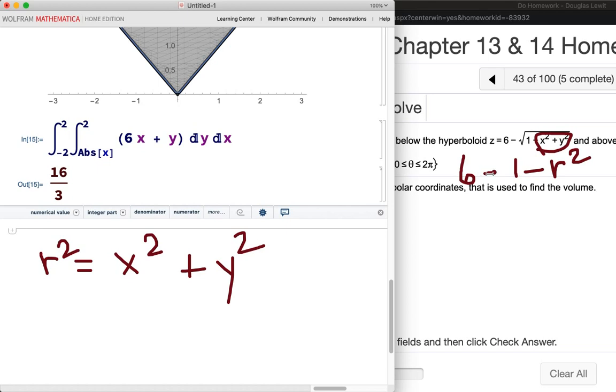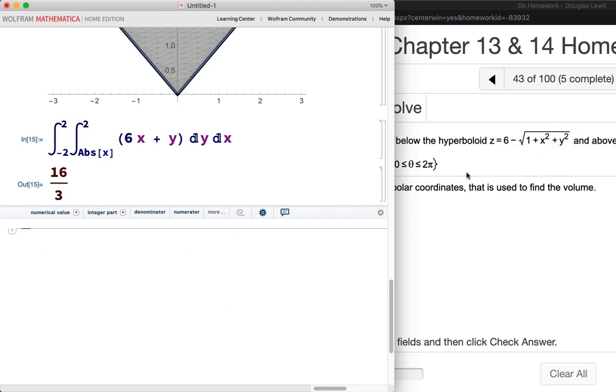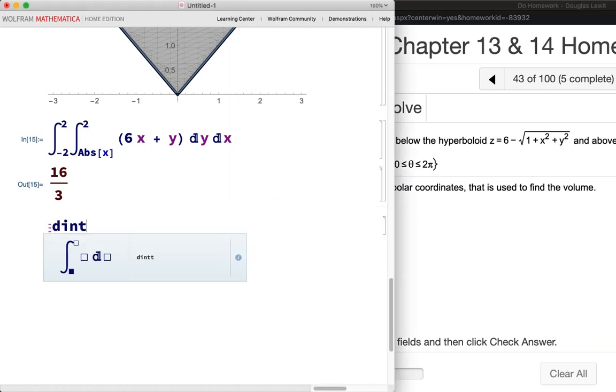6 minus the square root, okay? So really this integral shouldn't be that difficult to set up because once again, we're going to have an iterated integral.